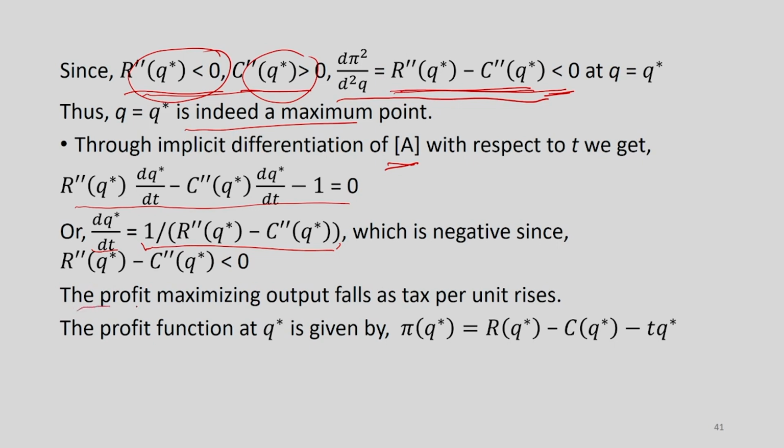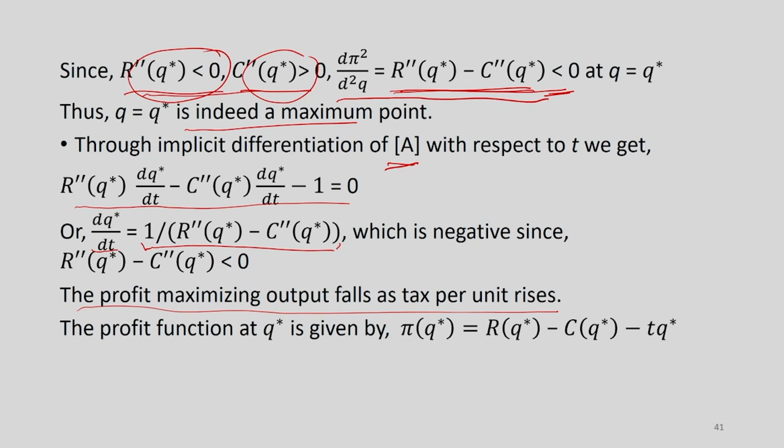Okay, that's what I have written here. Profit maximizing output falls as tax per unit rises. Well, it cuts the other way also, that as the tax per unit falls, the profit maximizing output will rise.